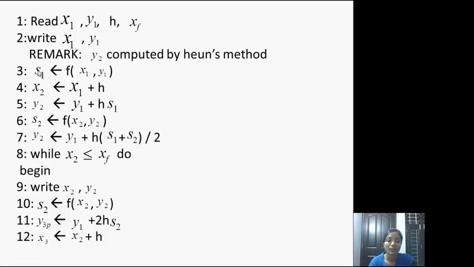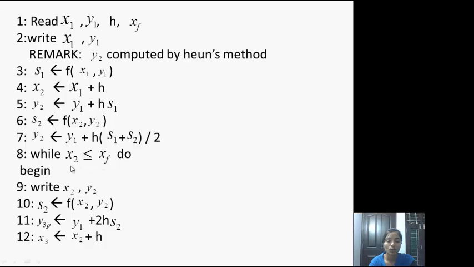Then s2 we calculate by f of x2 comma y2, and finally the predicted, extrapolated value of y2 we obtain by this formula, Heun's formula for the solution of a differential equation.